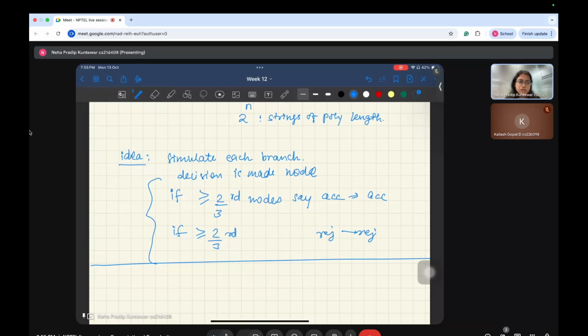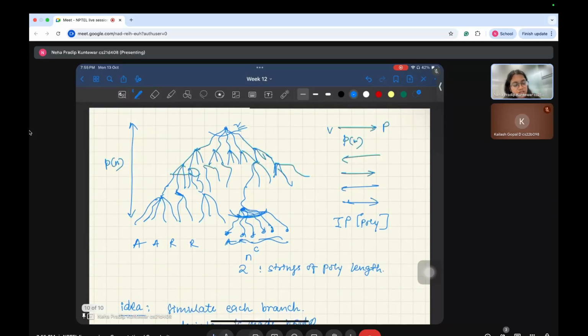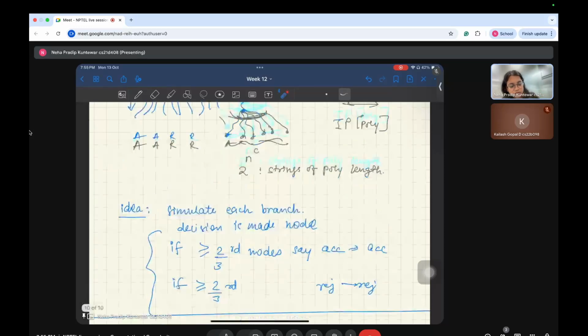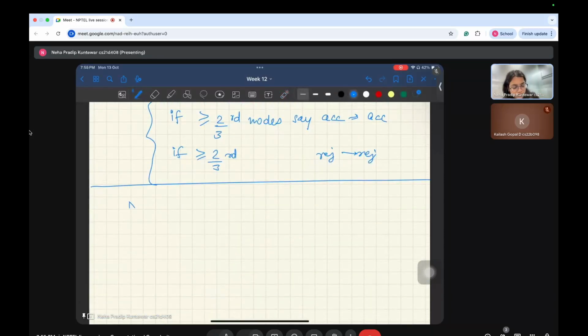Now the question is, how do we simulate this? Because we want to be able to do all of this in polynomial amount of space. So if we blindly simulate this, we may end up taking exponential amount of space if we don't do it carefully. Just a naive implementation of this could take exponential space.